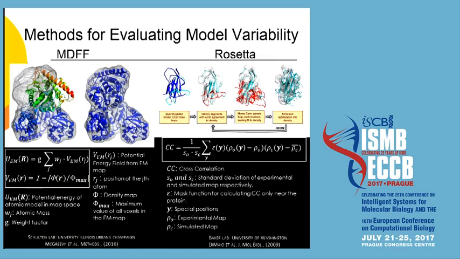And because it's Rosetta, it identifies the low density regions of the structures, changes the fragments, and does this Rosetta fragment-based refinement to get the final results. So both approaches are very reasonable, but have a different flavor in the algorithm.